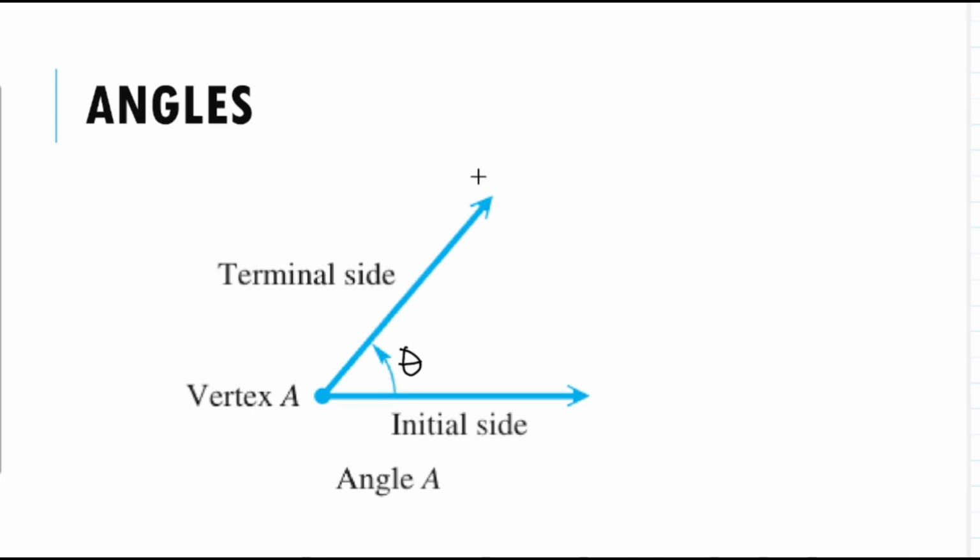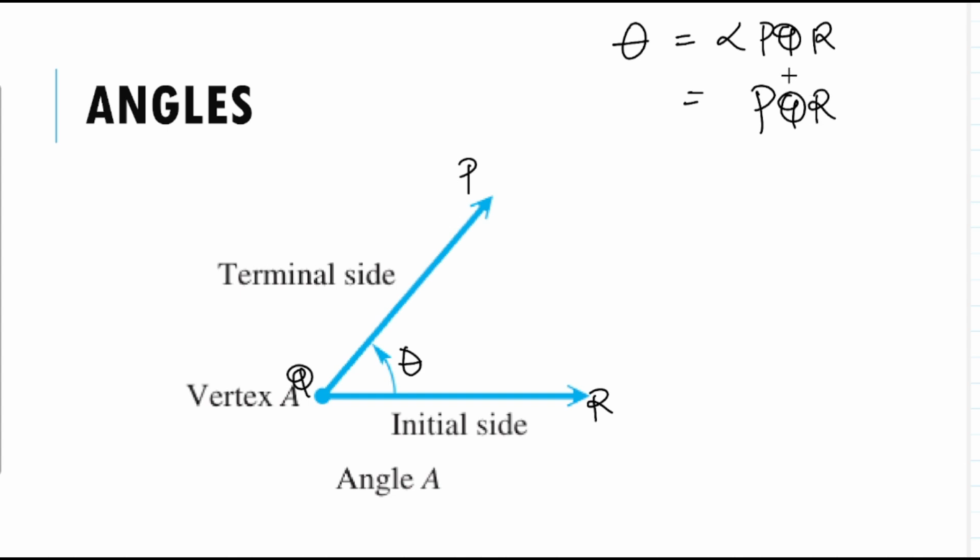If this is point P, this is Q and this is R, then angle theta equals angle PQR. You put the angle symbol on the letters. So we can use this symbol to denote angle measure, or angle symbol.